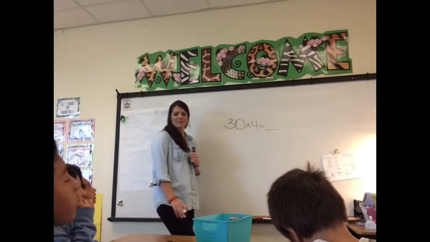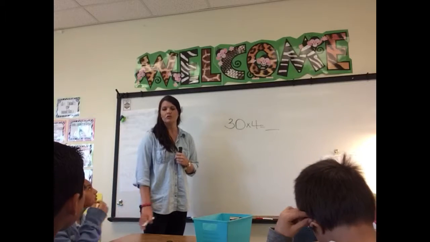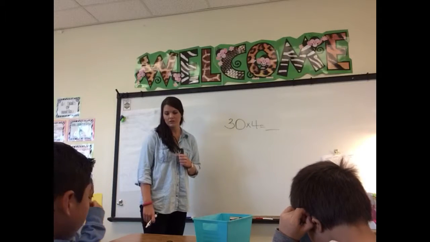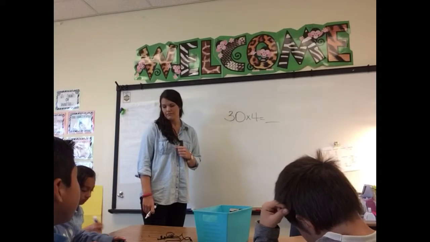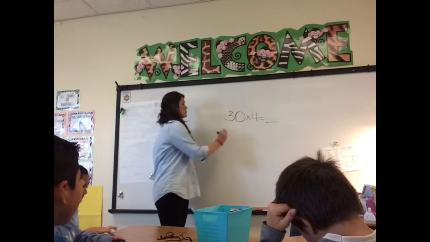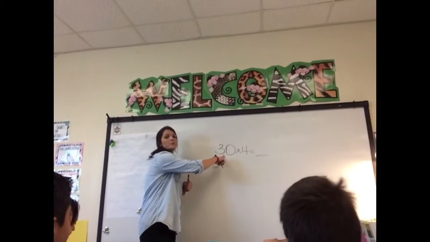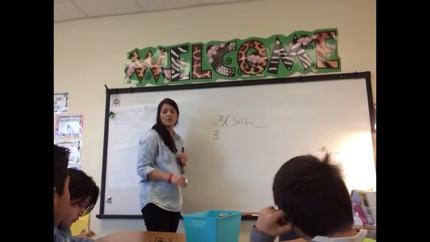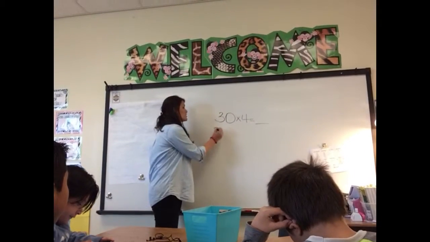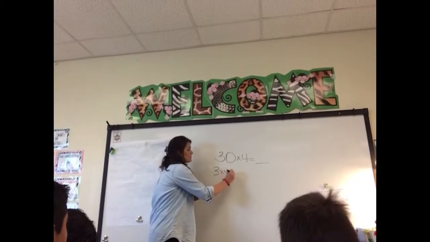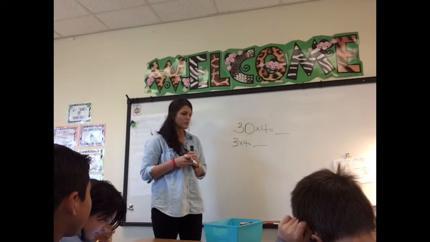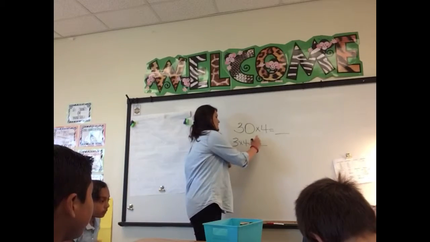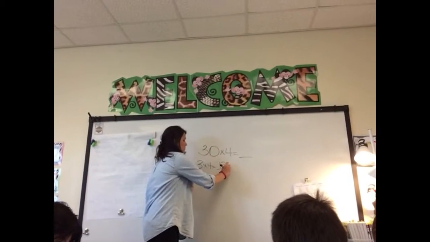All right, so what equation can we use to get this? We can use 3 times 4, right? So if we have the problem 30 times 4, we can use the equation 3 times 4 to help us, right? What is 3 times 4? 3 times 4 is 12.